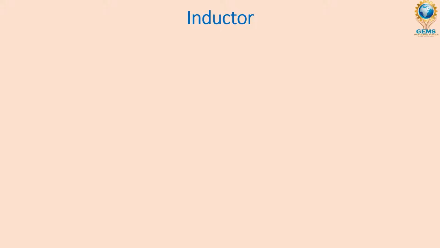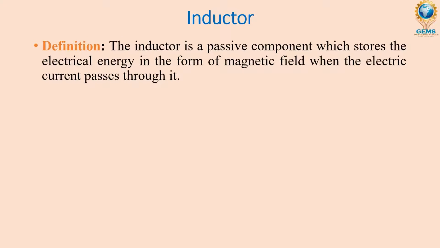Next we are going to study the inductor. The inductor is a passive component which stores electrical energy in the form of a magnetic field when electric current passes through it. An inductor is also a passive component. It is not going to generate any electrical energy.